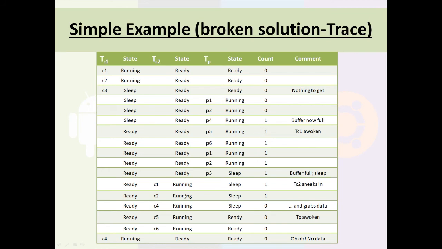However, because during that time TC2 actually ran and stole the data in essence, TC2 updated the state of this count variable to be 0. Okay. And now when TC1 is signaled and it receives the signal with the count 0 now, it's not actually the value it expected.